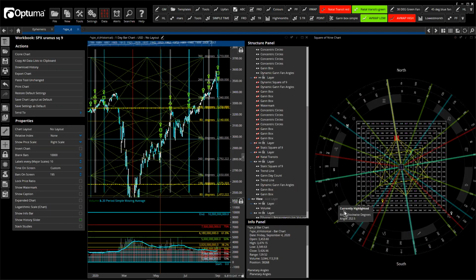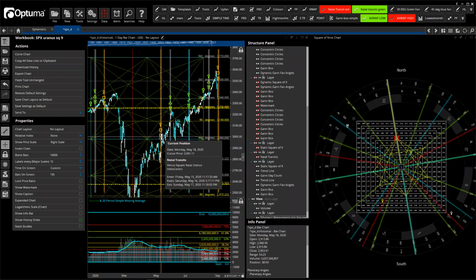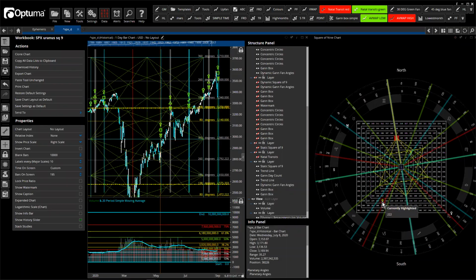Now let's look at this. Look at the position of Venus here. Let's look at the position of natal Uranus. Notice that on the square in this ring, they are biquintile, right? This is basically 144 degrees from natal position within this square circle.